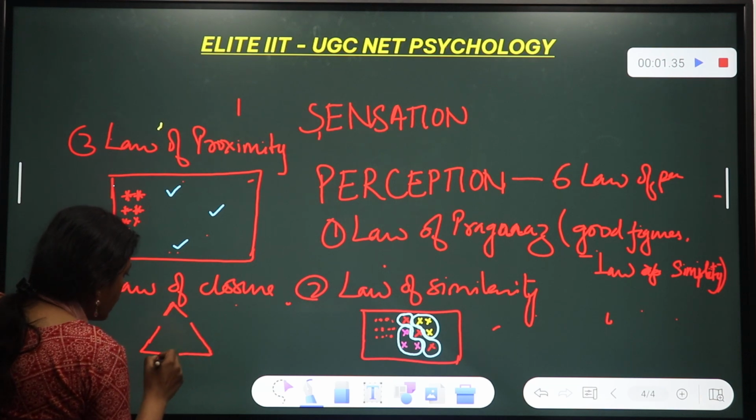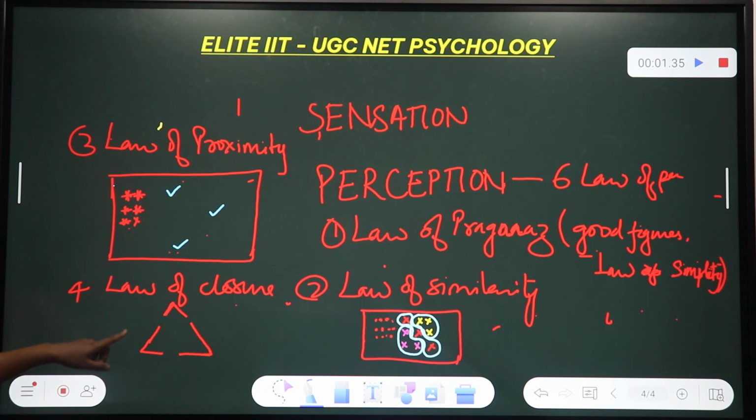Even though they are not closed, we will perceive it as a triangle because my brain is telling me that these gap spaces can be joined together and it looks like a triangle. So, this is the law of closure.